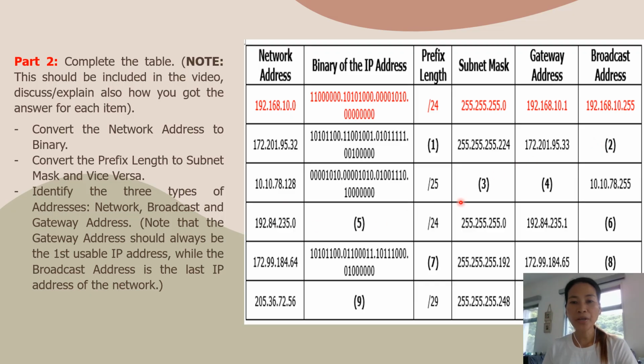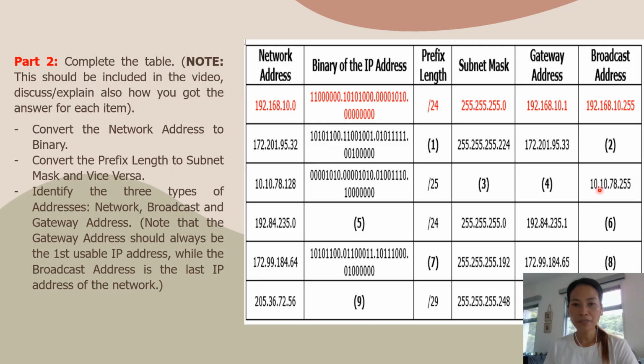And then number 3 is we have to find the subnet mask of 10.10.78.128. Okay, so by comparing the binary of the IP address and the binary of the broadcast address, the first 25 bits are the same for the network.